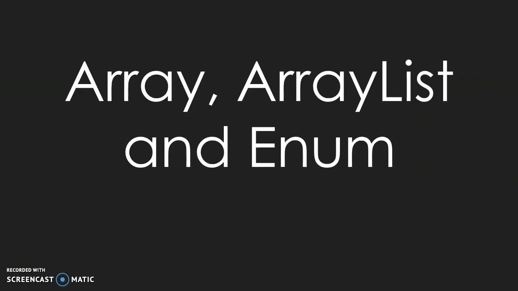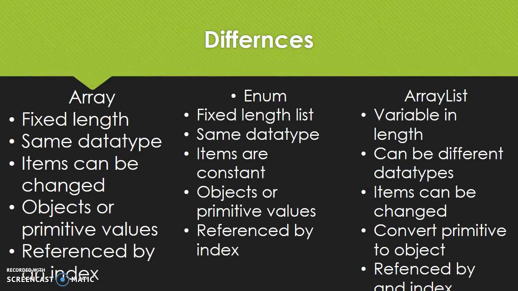Array, ArrayList, and enum. An array is fixed length, same data type, items can be changed, objects or primitive values, referenced by an index.